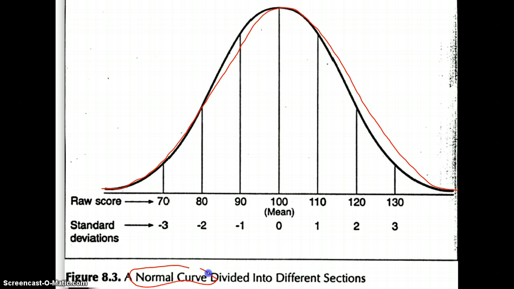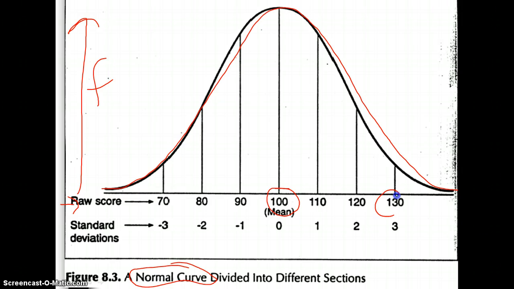This is the normal curve or normal distribution of a set of scores. And remember, the height here is simply the frequency of particular scores. And we see that in a normal distribution, for example, if we were doing IQ tests, which are often used as an example for these sorts of things, 100 is the mean or the average IQ score.